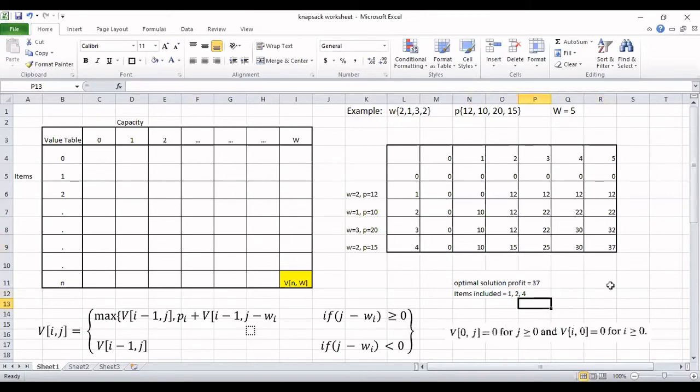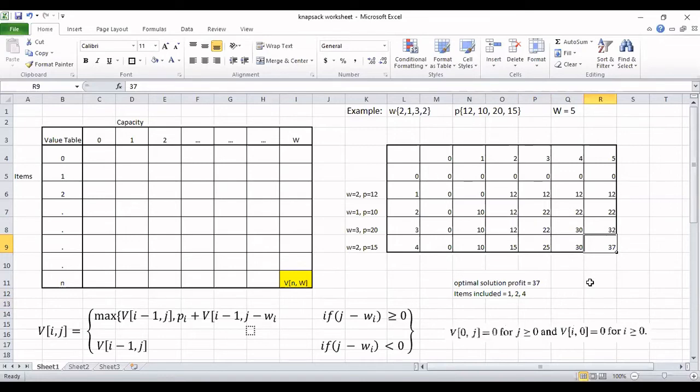Now, how do we know which are all the items included? We found a little difficulty in identifying the items. Am I right? Did we have any difficulty? No, sir. Okay, no problem.